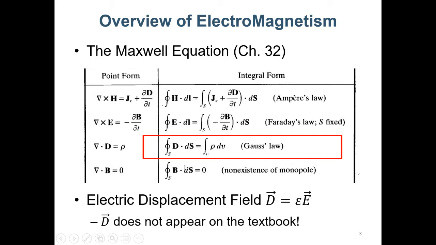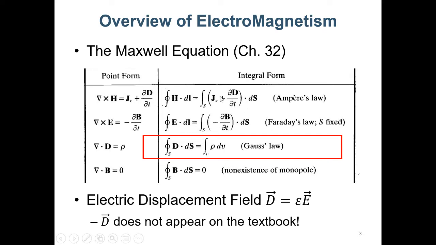Of course, in this textbook, D will seldom appear, but this is just captured from the internet. What I really want to show here is that the Maxwell equations are four.